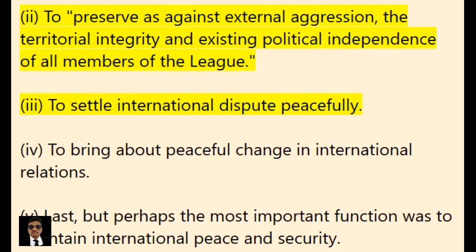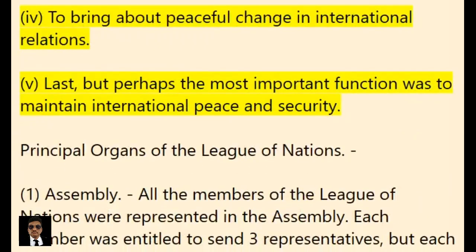To settle international disputes peacefully. 4. To bring about peaceful change in international relations. Last, but perhaps the most important function, was to maintain international peace and security.